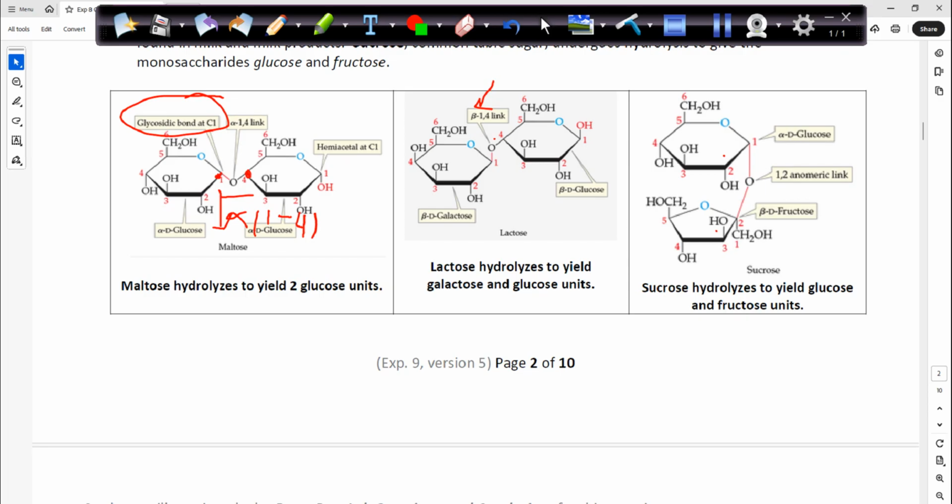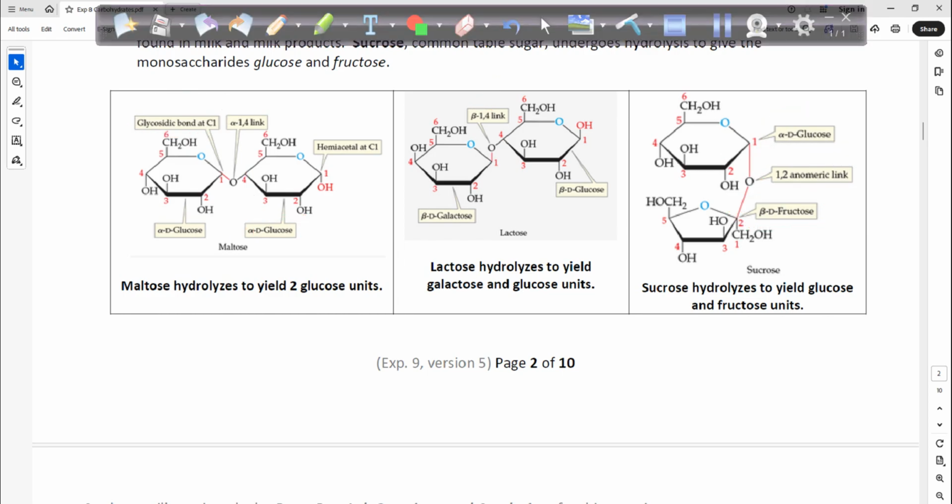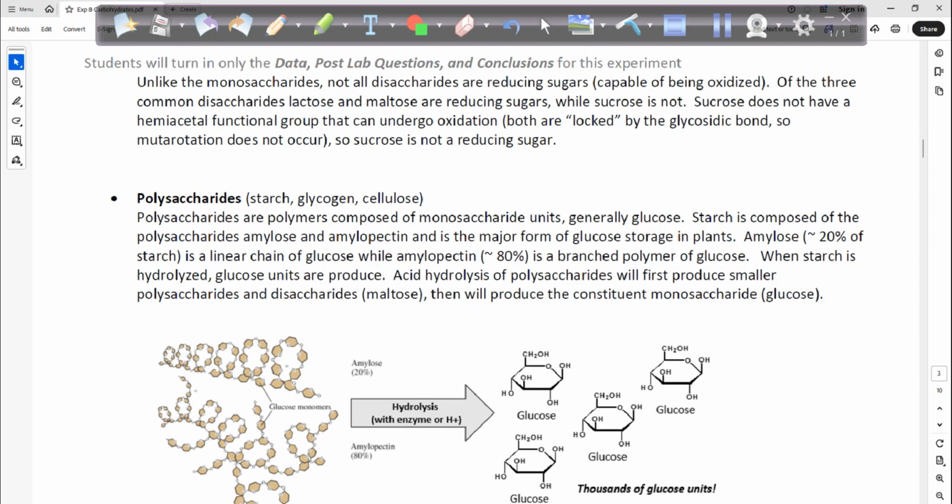So 1 is down and 2 is going up. This is the 1,2 bond, alpha-D-glucose and beta-D-fructose. Nobody will ask you this in the exam, but at least you will know how to tell the differences.